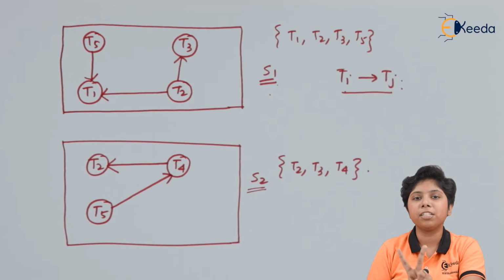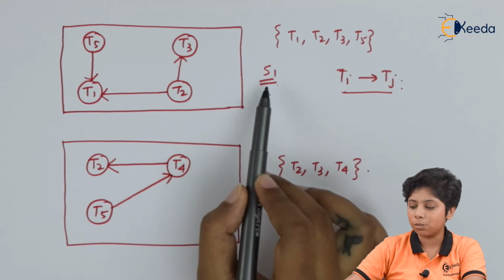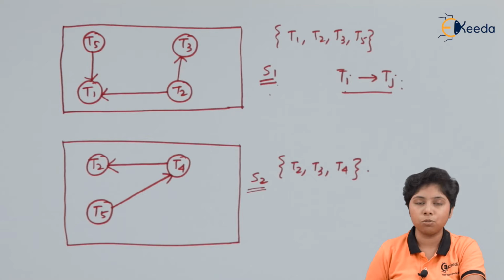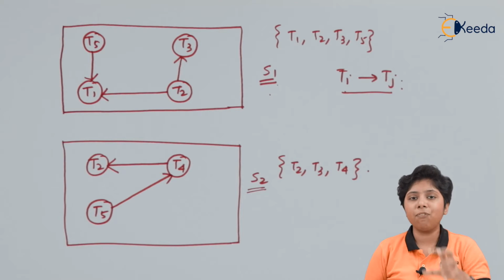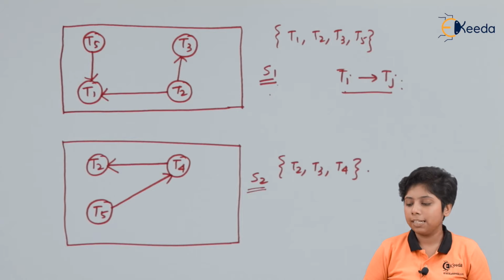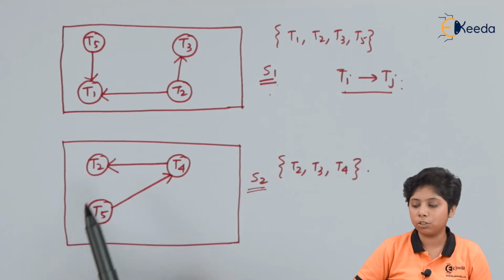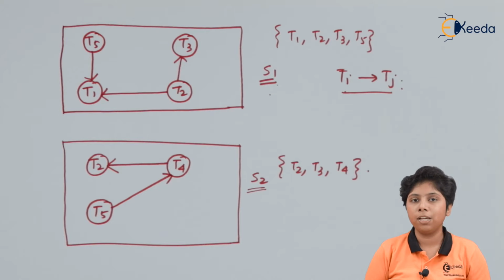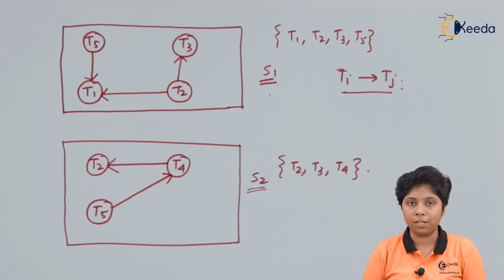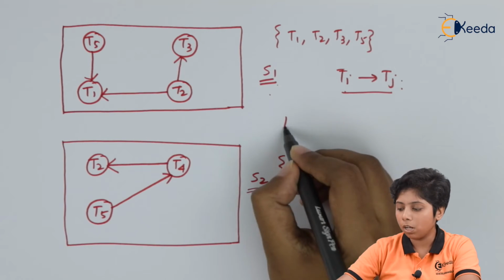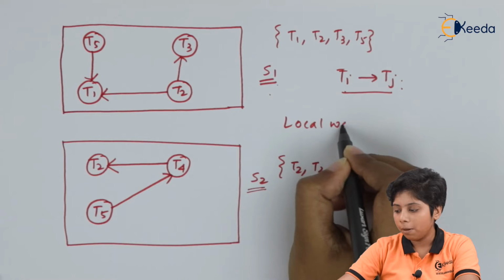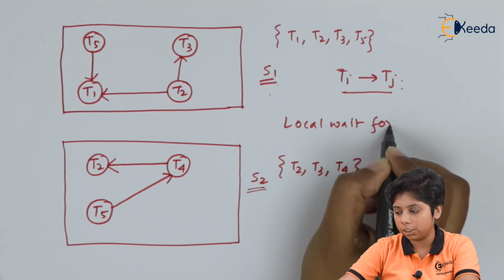So now T5 needs two resources, one from S1 and another from S2. But if such a condition arises, when T5 is waiting for T4 from S2 and for T1 from S1, then there is a problem in the wait-for graph, and we have not examined the wait-for graphs properly. So these are the local wait-for graphs that we have made for deadlock detection.